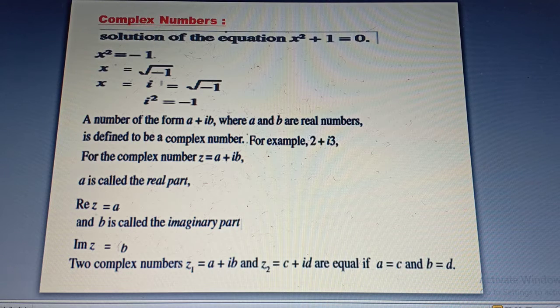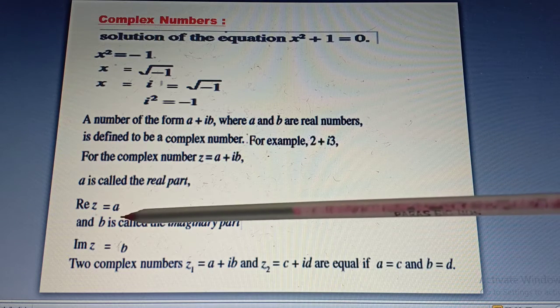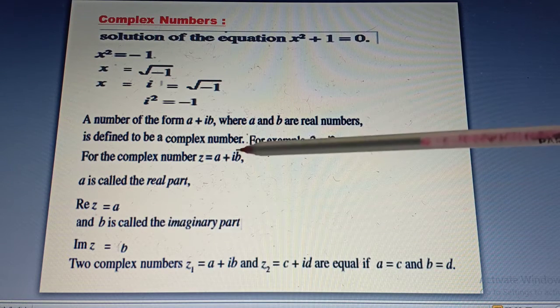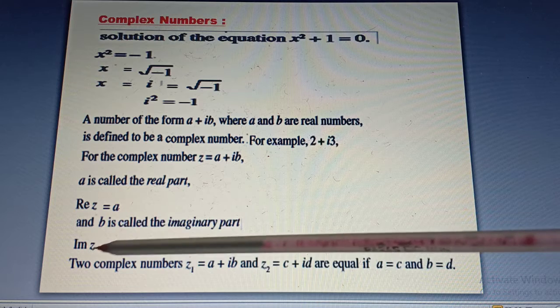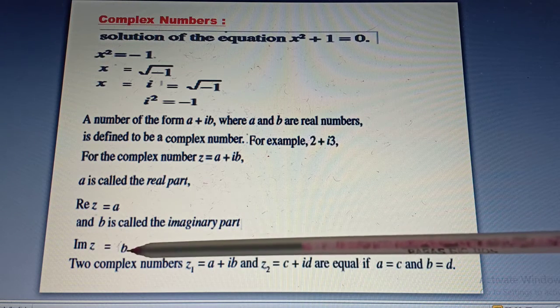Why is this b called the imaginary part? Because it is multiplied with an imaginary number. So real part of z, Re z, is a here, and b is called the imaginary part, Im z, which is b.